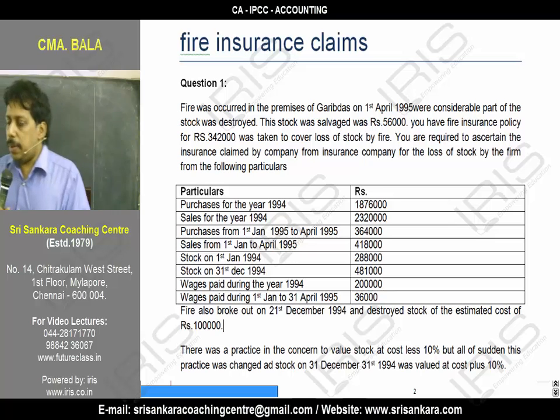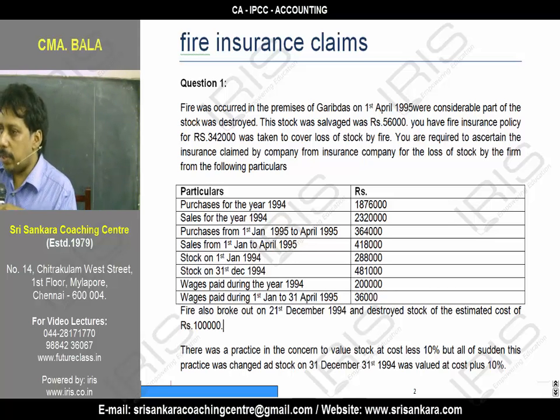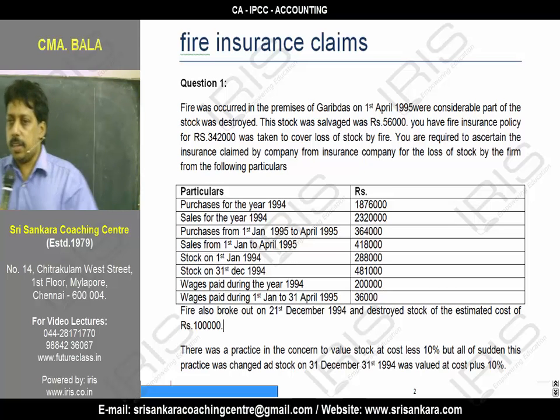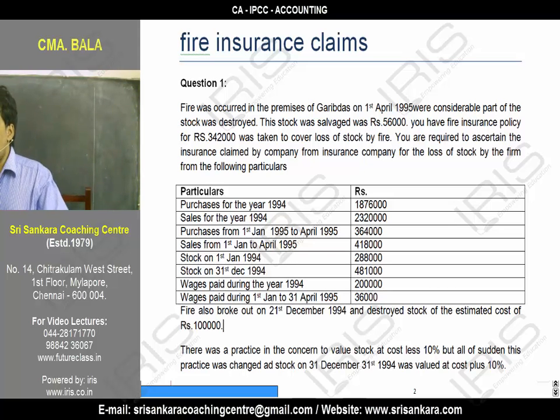Now, in this example, you can check your trading account for the year 1994. What is the opening stock you entered? 3,20,000. And then what are the purchases? Please enter these numbers in your calculator. So 3,20,000 plus 18 lakh 76,000, plus what is the wages amount? 2 lakh.